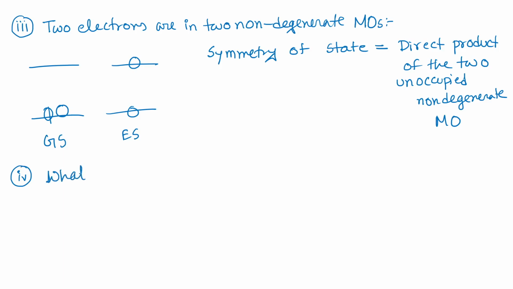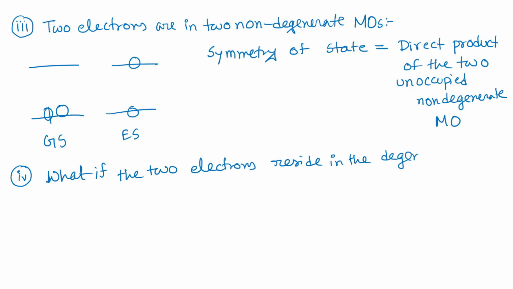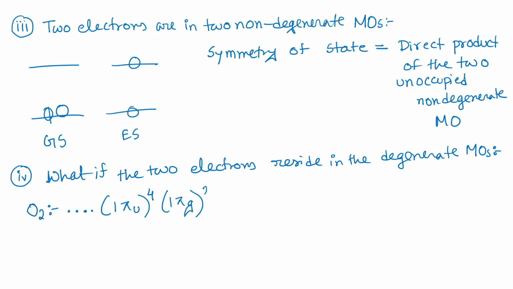But what if the two electrons reside in the degenerate MO? For example, your O2 that has this filled orbital, right?